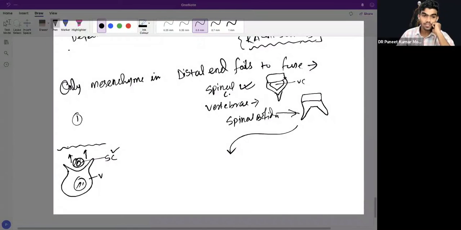So in this condition, you cannot diagnose that there is an underlying malformation of spina bifida because from the superficial view, there is no deformity. The surface ectoderm is intact, like a normal person. Okay. Only a tuft of hair is present at the back at the spina bifida position.